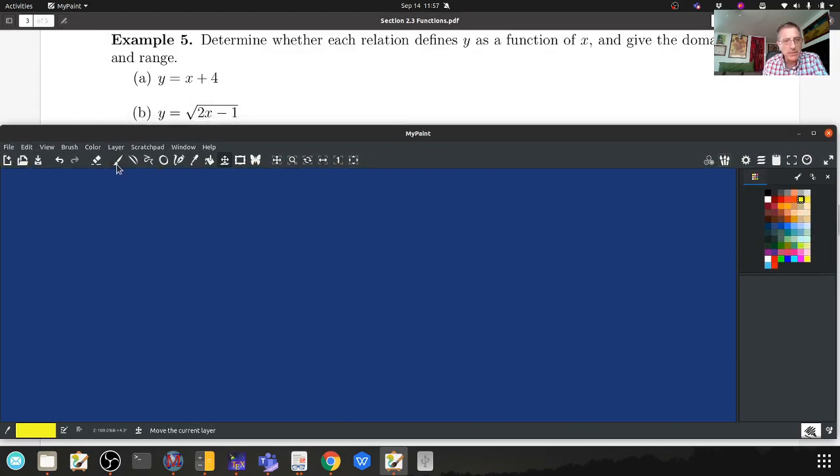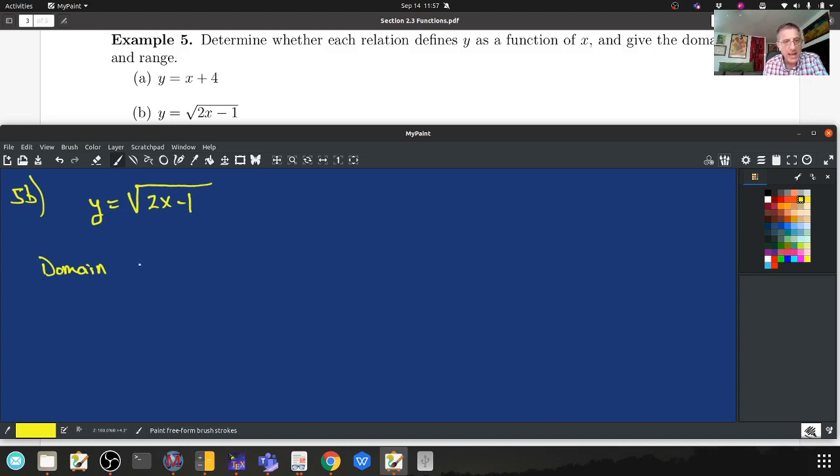So first, our relation is y is equal to the square root of 2x minus 1. So let's actually find the domain of this relation. Remember, domains and ranges also refer to relations, and of course, since functions are relations, they refer to functions too.